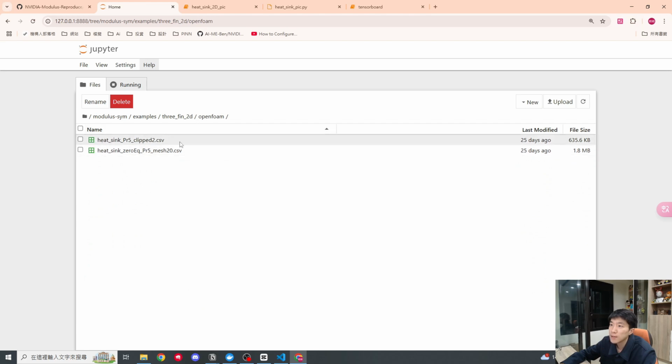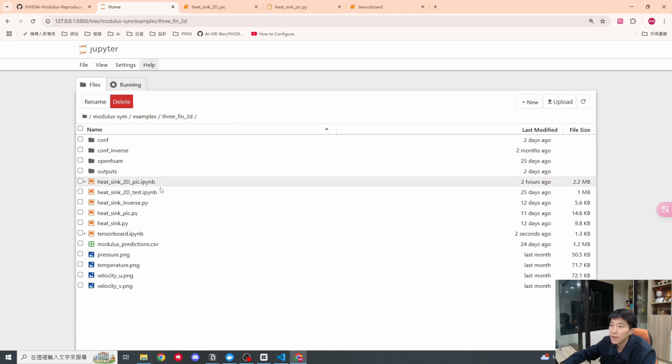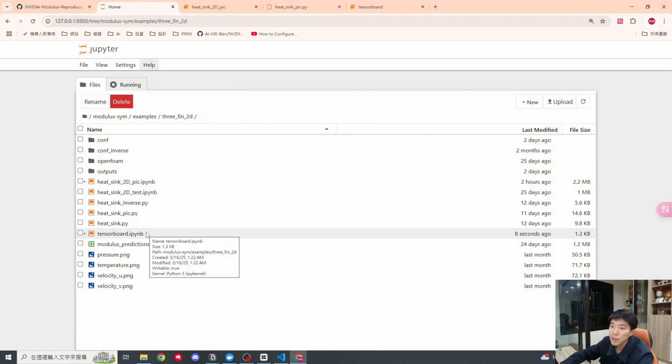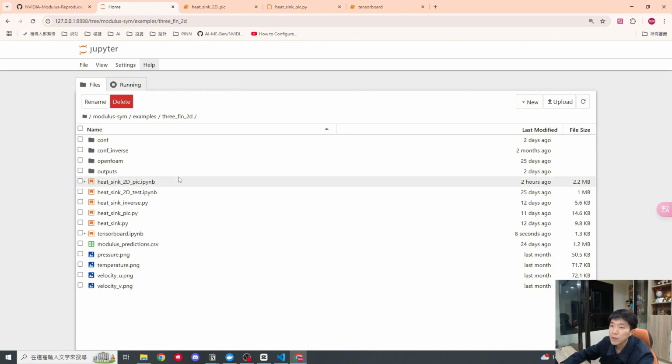So yes, we have the OpenFOAM CSV file, and we have the heatsink picture Python file and the heatsink 2D picture Python file, and also the TensorBoard file IPY notebook.